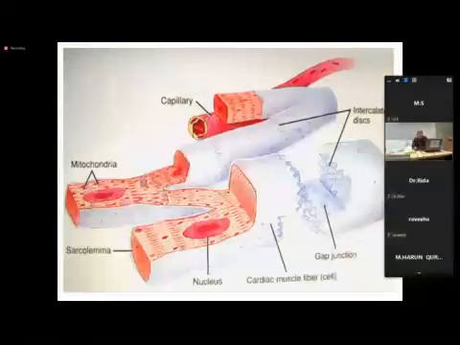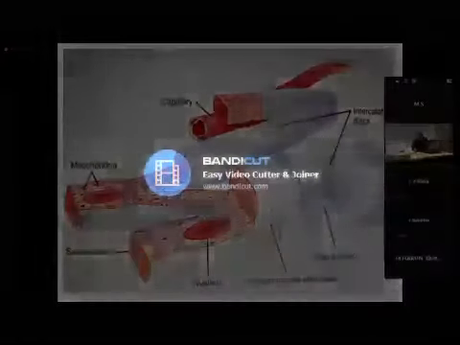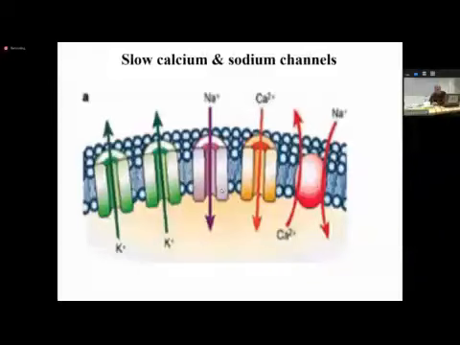In this manner, there is unhindered transport of ions. These are sodium channels shown, these are slow calcium channels, and these are the potassium channels shown. Potassium in green, sodium in purple, and calcium in yellowish orange.